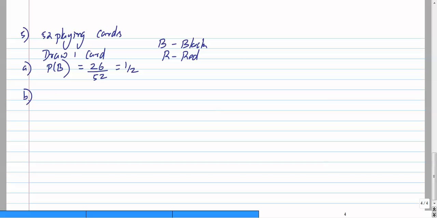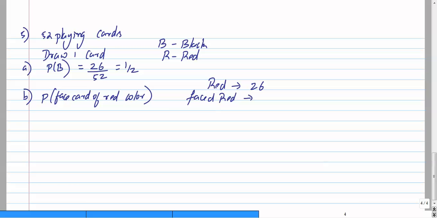The second question is, what is the probability of getting a face card of red color? Now how do we do this? How many red color cards are there? 26. How many red face cards are there?